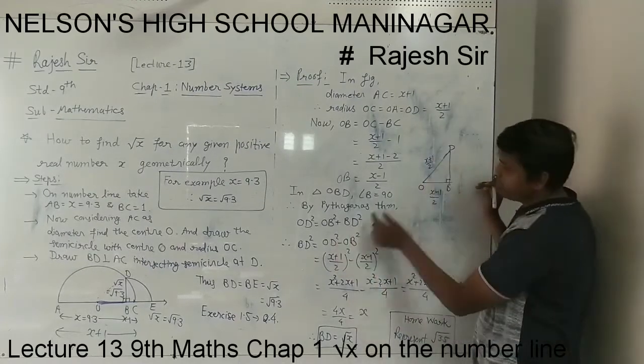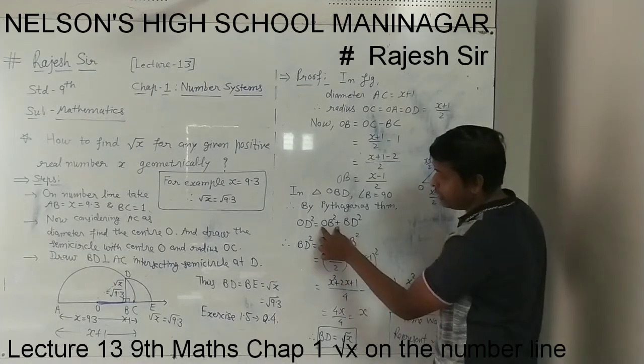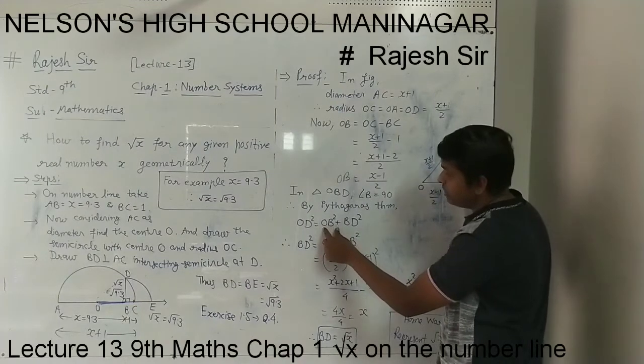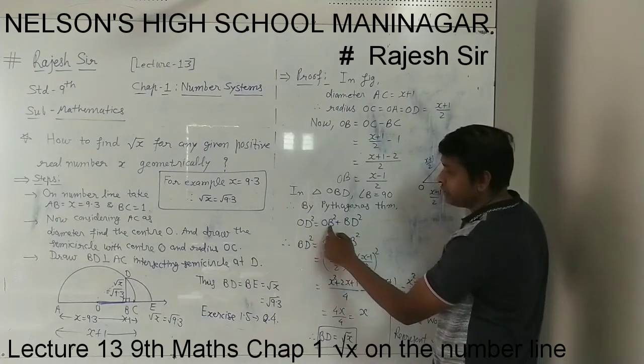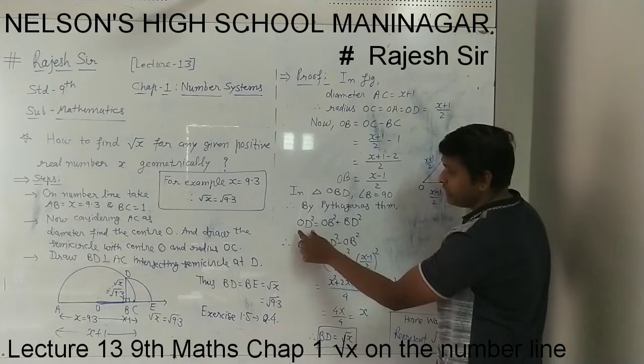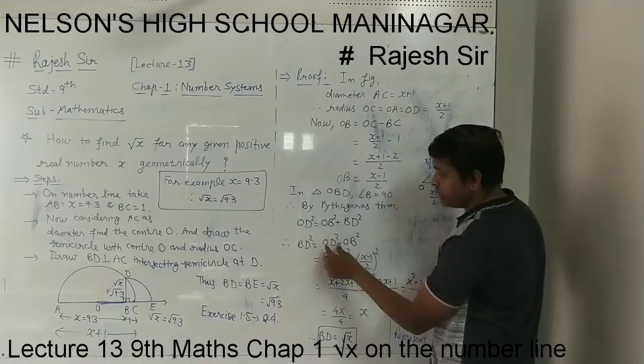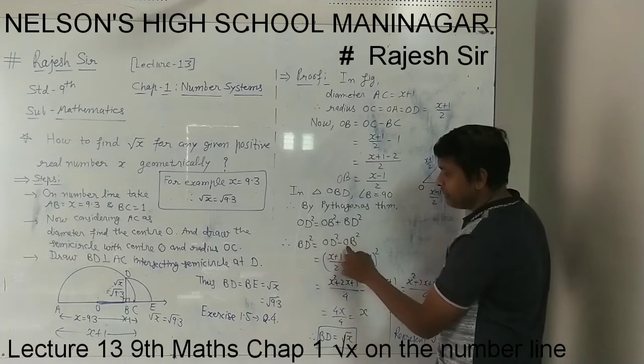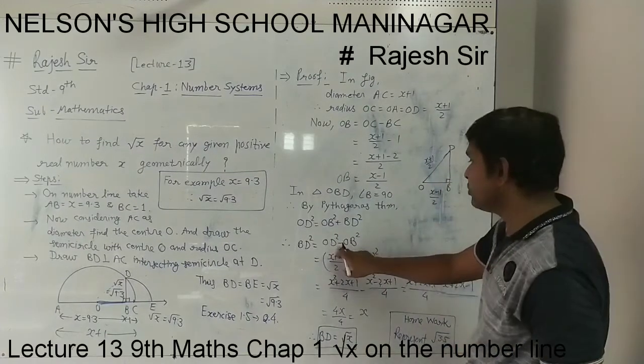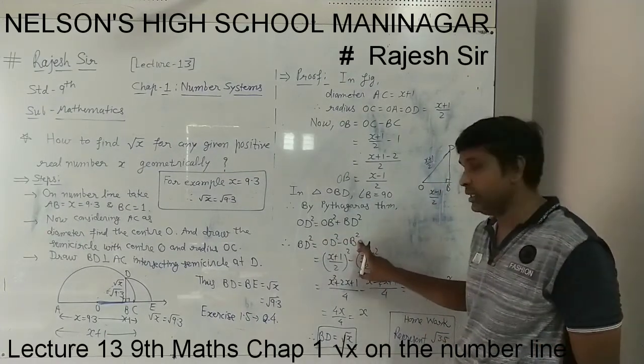We want only BD square, so OB square will be taken to the left side with a minus sign. So BD square equals OD square minus OB square.